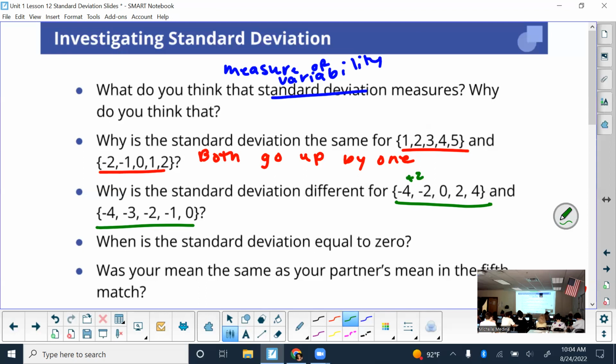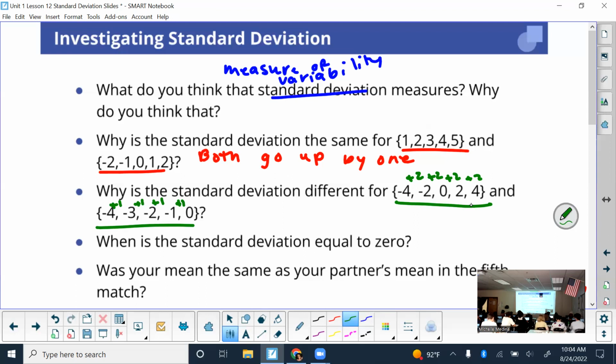Good, this one goes up by 2 each time, and it won't necessarily always be a consistent going up by 2 each time, but it is for this one. And this one goes up by 1 each time. So we should expect them to be different. Which one would have a greater standard deviation, the first one or the second one? The first one, because it's more spread out between the numbers.